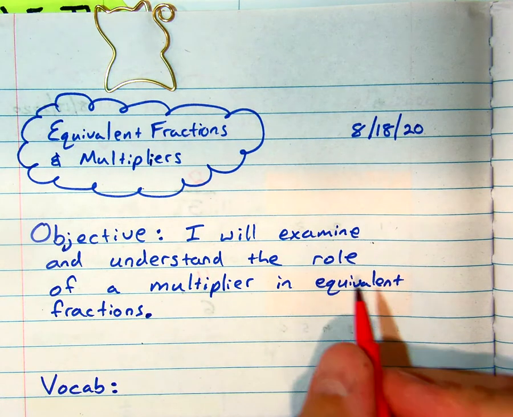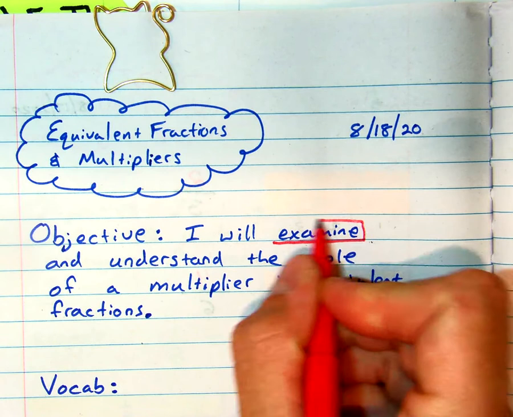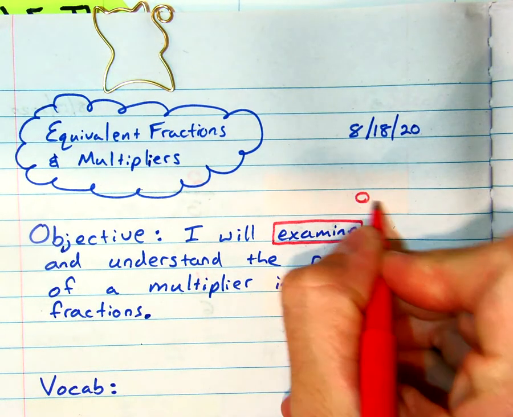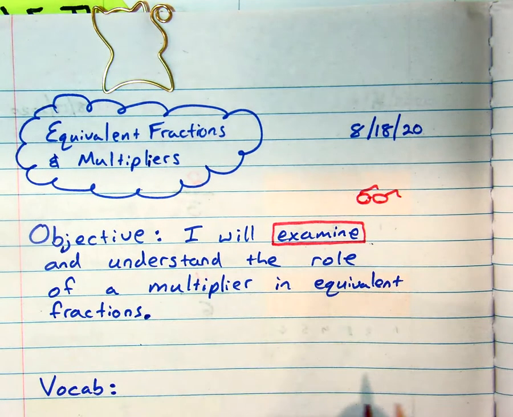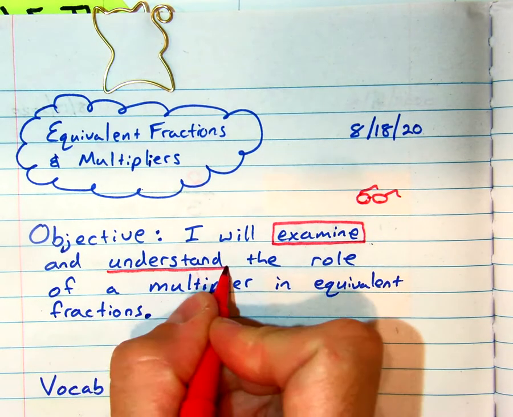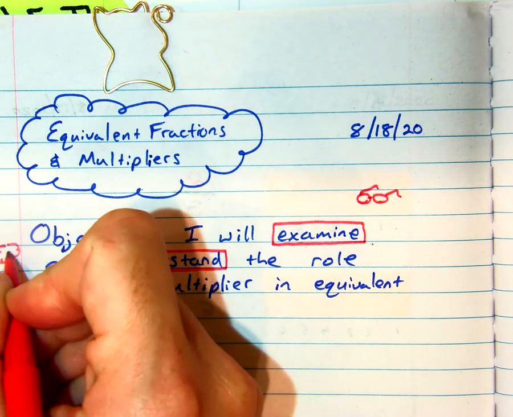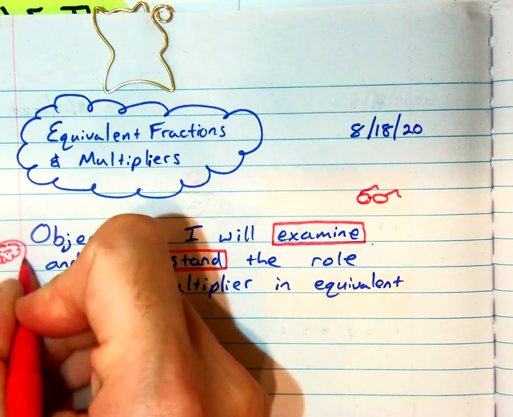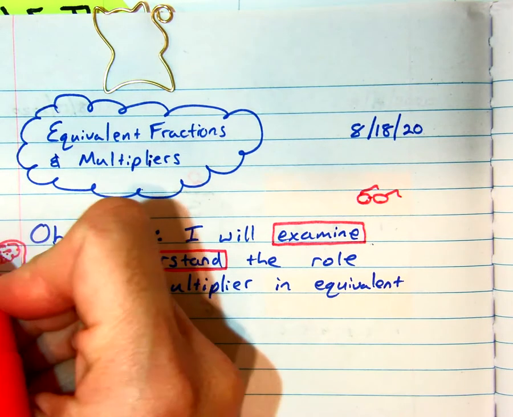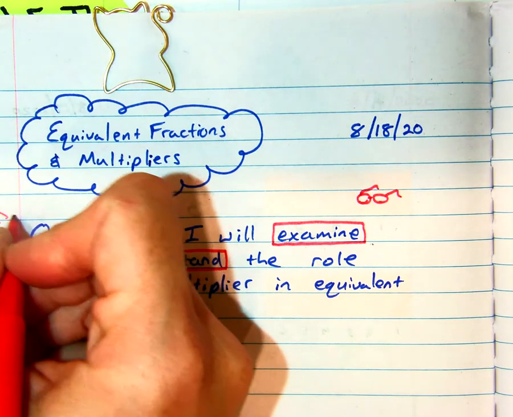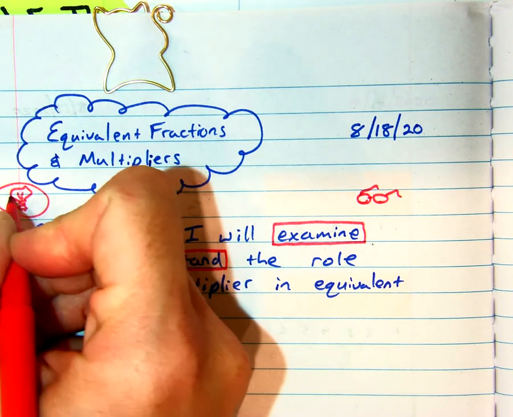All right. The action words we need to examine. To examine means we are going to look closely at some fractions that are equivalent. When we talk about understanding, it's that idea that we're thinking really hard, and we get that epiphany where we know how it works.